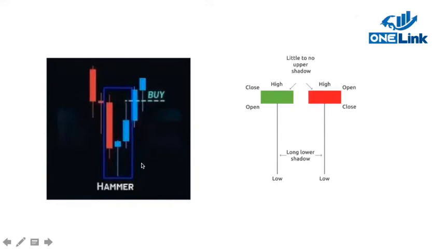So this is the definition of the hammer, how you need to use the hammer pattern to enter the trade. You can have some kind of a cheat sheet in front of you where you are looking at the candles until you come to the level of understanding, okay?